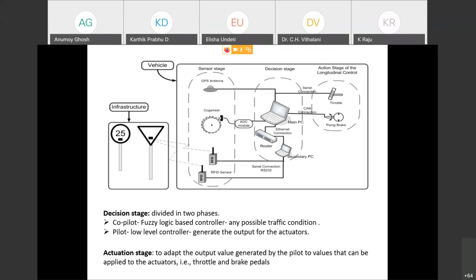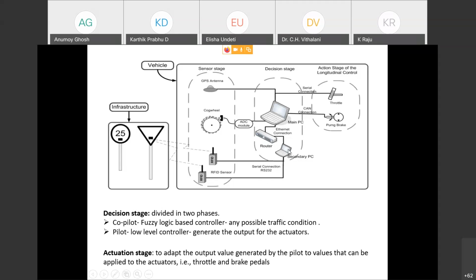In the decision stage, a comparator is used, and the comparator is always communicating with the secondary PC, which is connected to the RFID sensors, and this secondary PC is resolving the voltage that the RFID sensors are sending. So from the RFID sensor to the secondary PC, which is a controller, the Doppler shift is given to the middleware, which is over here.